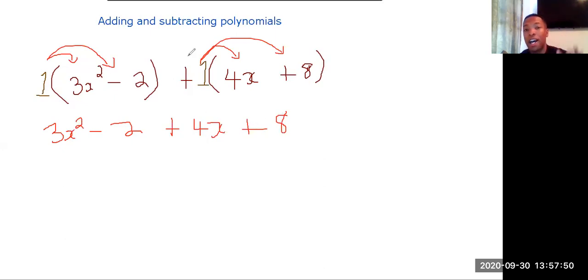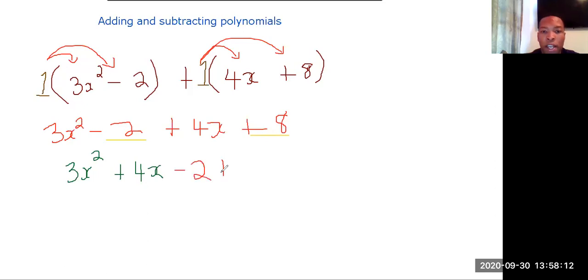Then I would go through and combine like terms. Whatever sign is in front of the number, that's the sign that goes with it. So this is really 3x squared plus 4x, and then it was minus 2 plus 8. All I'm doing is combining like terms.